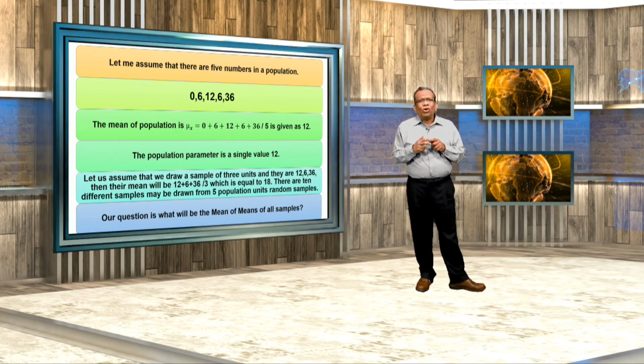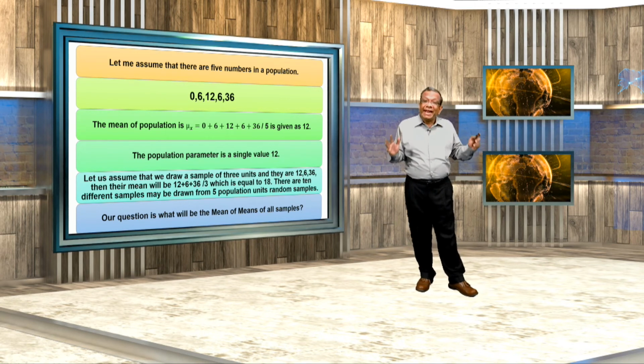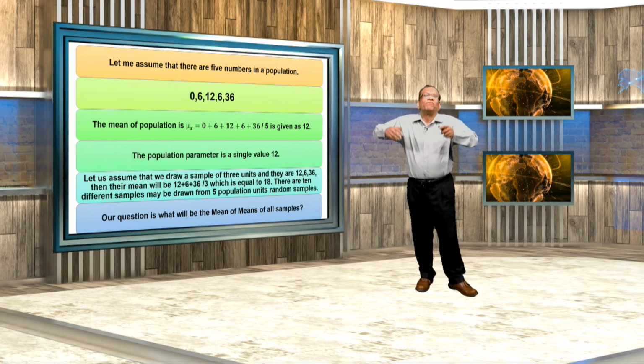Now, you can draw 10 different samples out of the 5 population units by random sampling. Our question is, what will be the means of all samples?